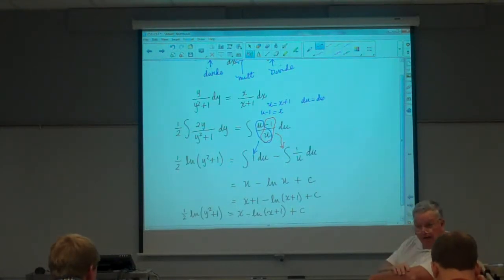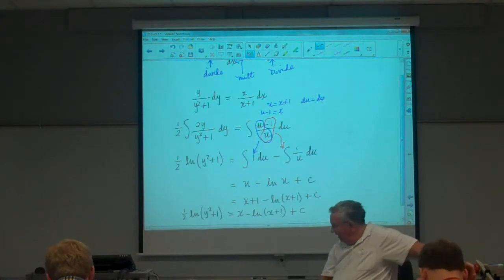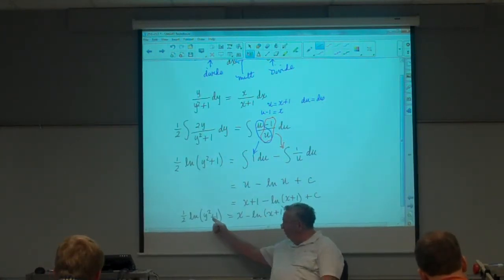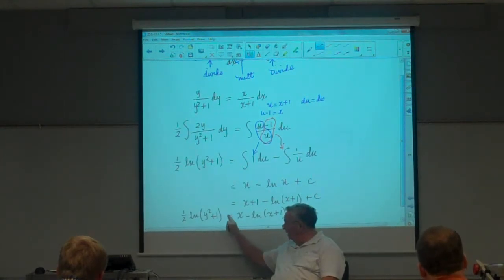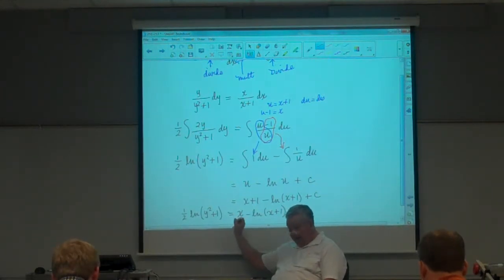Could you solve for y? You sure could. You had to, if someone were holding a gun to your head. What I would do is move this over to the other side with a plus sign in it. Doesn't that mean that you put them together inside the log?